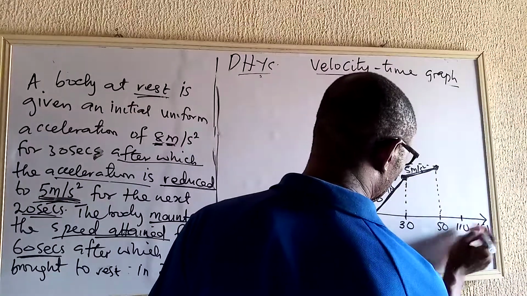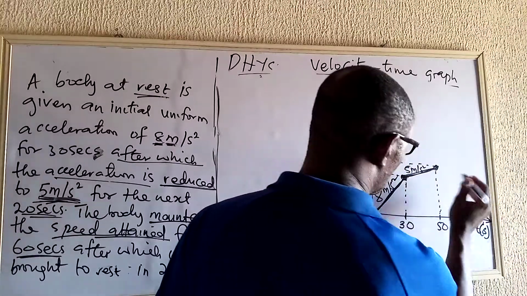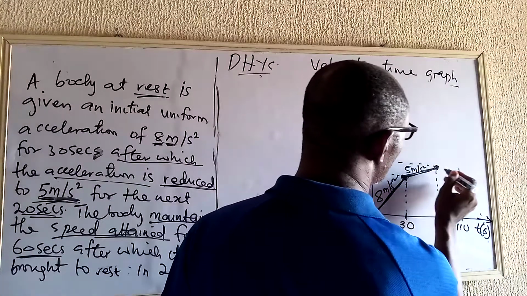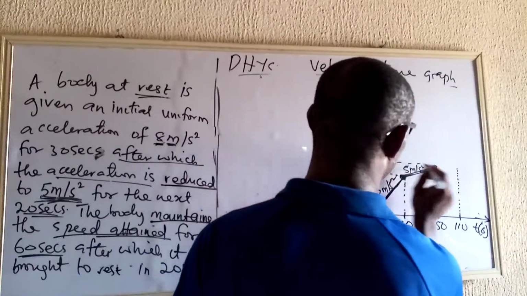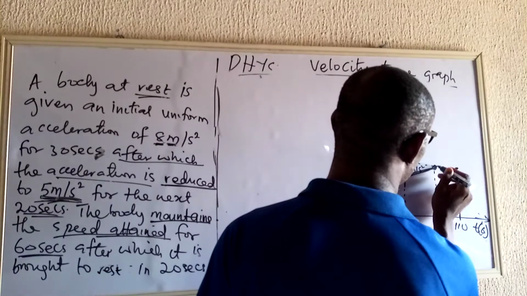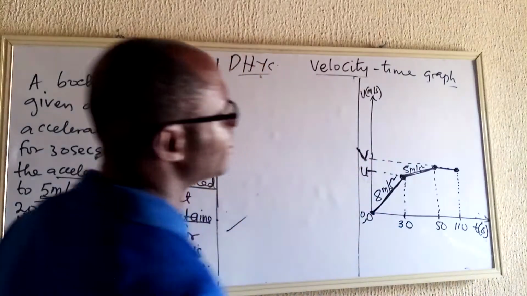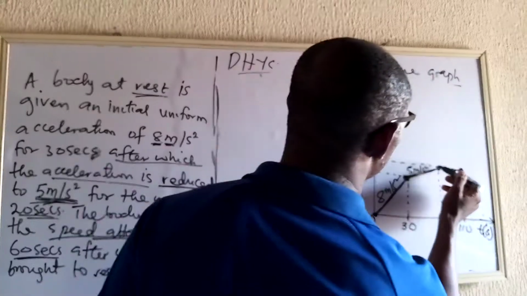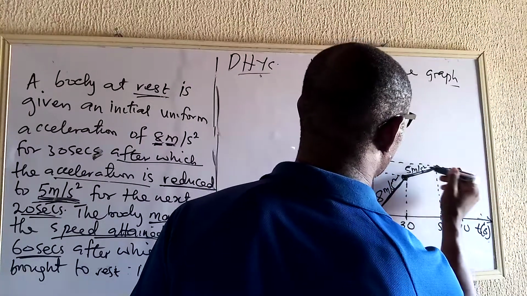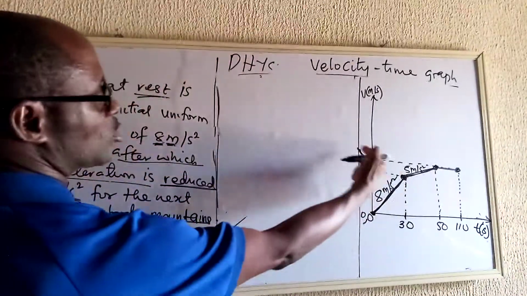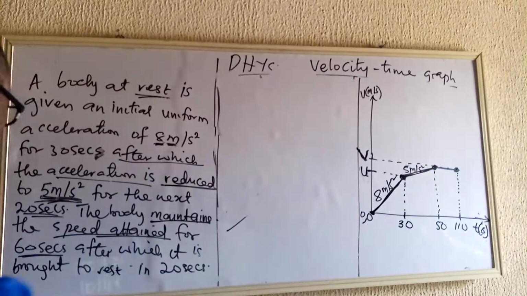That will be 110. So I will trace the 110 to the front of this V. So I'm going to join these together. So you can say that this is a horizontal line showing that the velocity is still V. If you trace it to the vertical axis, it will still be on V.